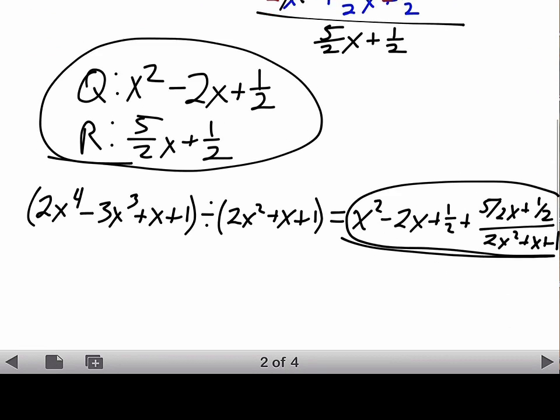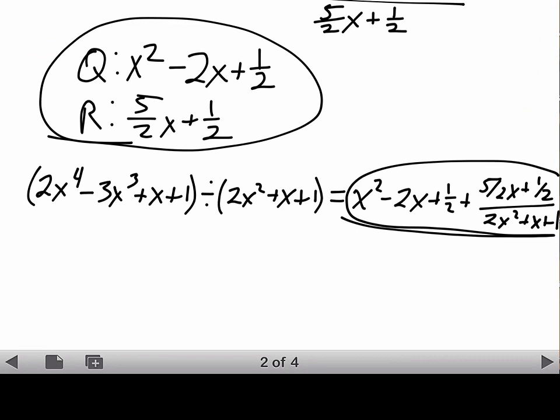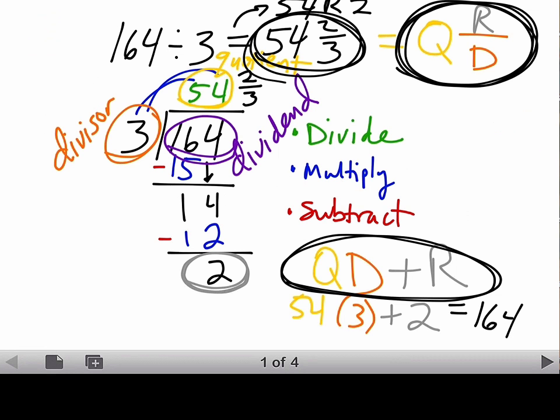Alternatively, I could be asked to essentially show how I would check the answer. Remember that checking the answer, go back to a previous slide, would look like quotient times divisor plus remainder.